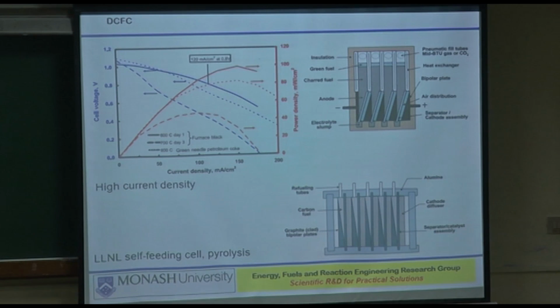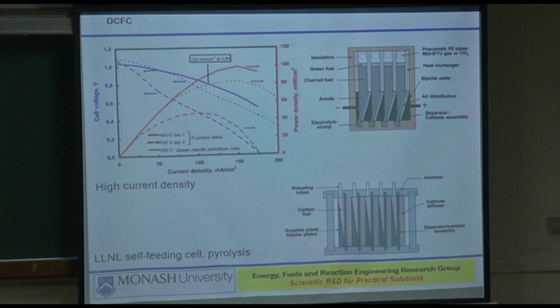This is also from Lawrence Livermore, and they have the in situ pyrolysis that they are talking about. If you look at the green fuel that is produced, that is fed.